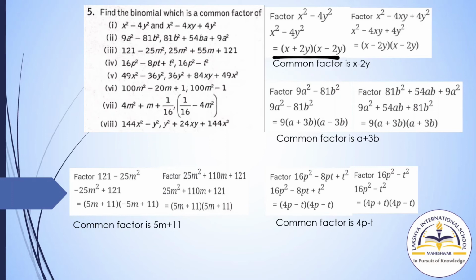And in the next question, that is x square minus 4xy plus 4y square, you have to apply the identity, that is a minus b whole square, that will be a square minus 2ab plus b square. According to that you just have to find out their factors, and you have to check whether the factors we got have a common factor or not. So here you just check x minus 2y and here x minus 2y.